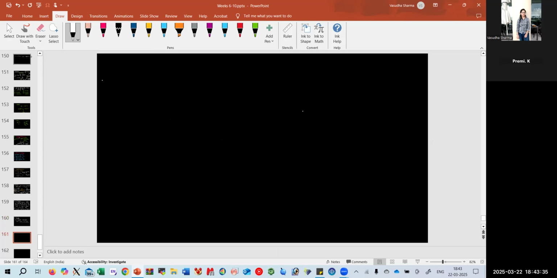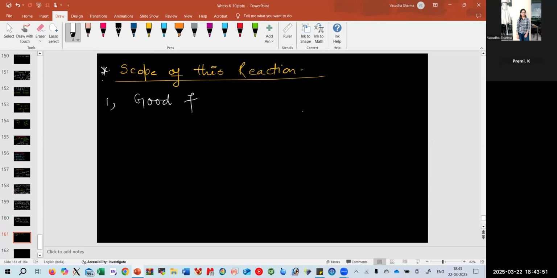So there is a certain scope of this reaction. Firstly, it has good functional group tolerance. Meaning, even if you have too many functional groups on your aryl side, they are not going to get affected in presence of these reagents.